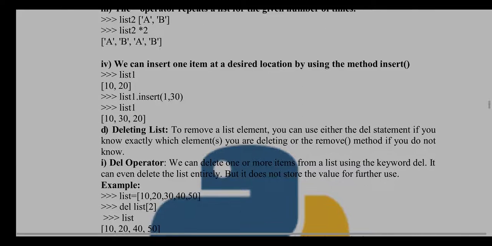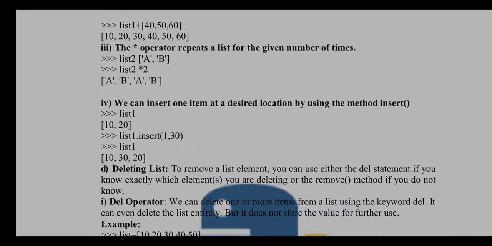Okay, you can multiply a list, or you can say repeat a list, by using the asterisk operator. Here we have specified list 2 having two elements, that is A and B. We have multiplied the list by 2, so it is going to repeat the elements twice when we access the list, or when we print the list.